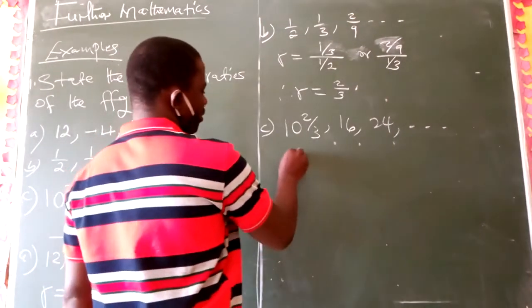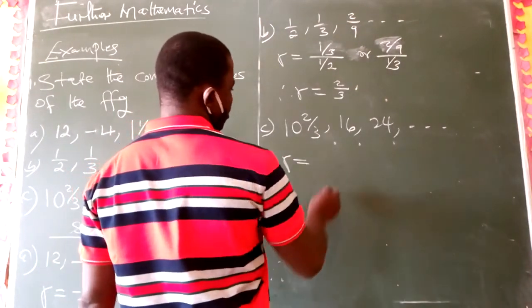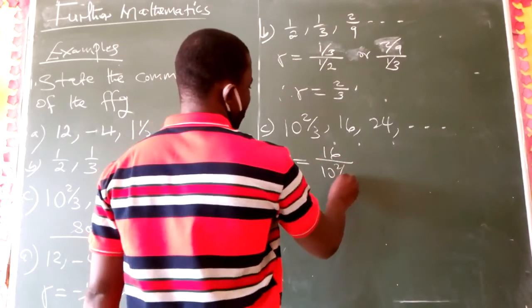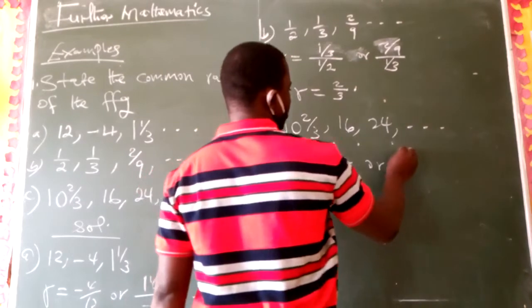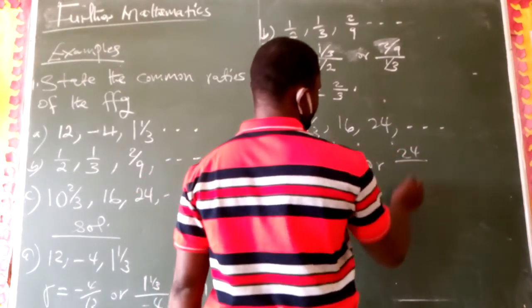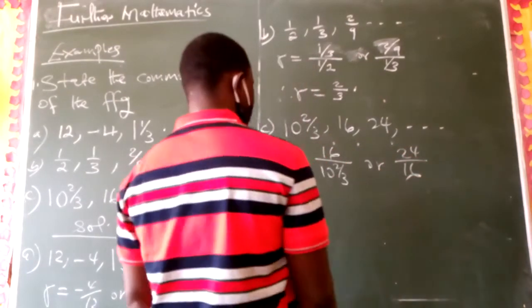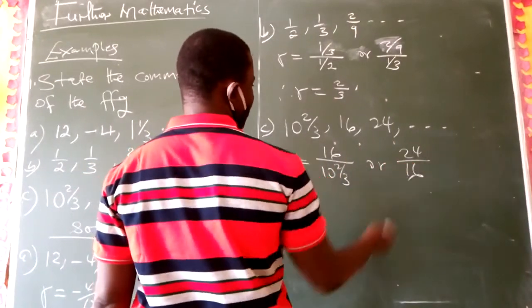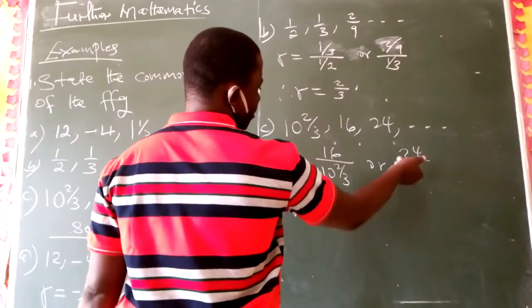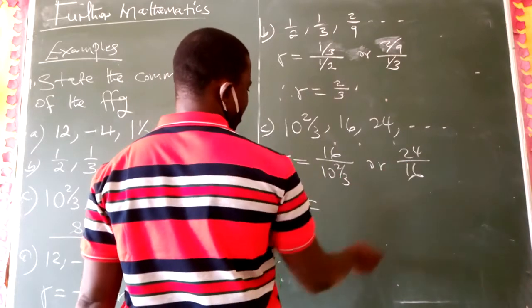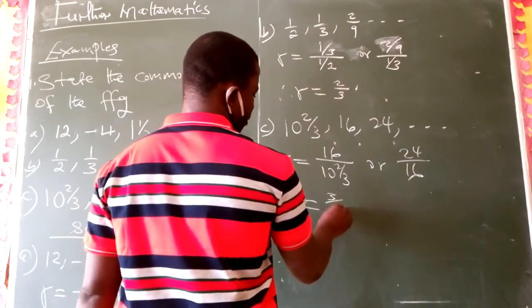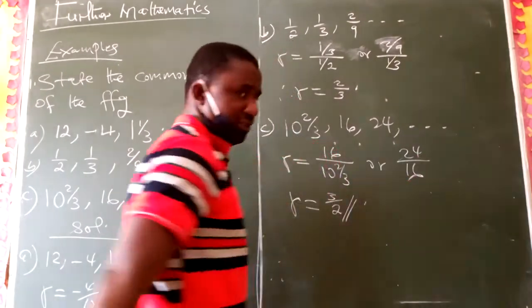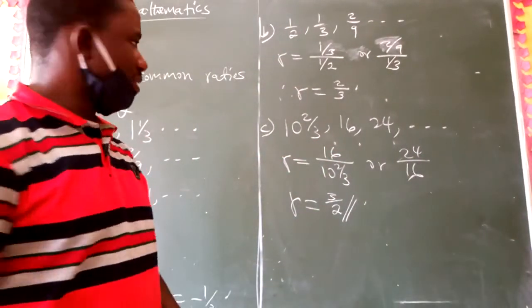So common ratio R is going to be equal to 16 divided by 10 2 over 3 or 24 over 16. So we can clearly see that in each case, 8 can go in this 3 times, so we're going to have 3 over 2. Right? Because 8 here is 3, 8 here is 2. This is how it's done.